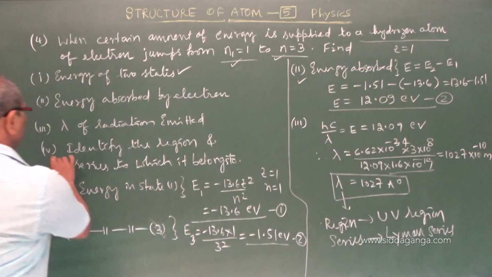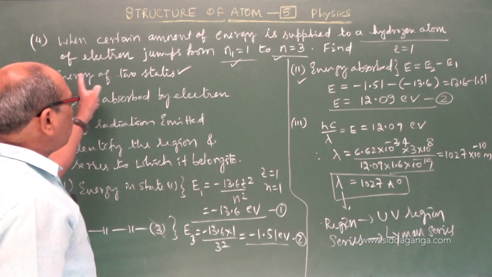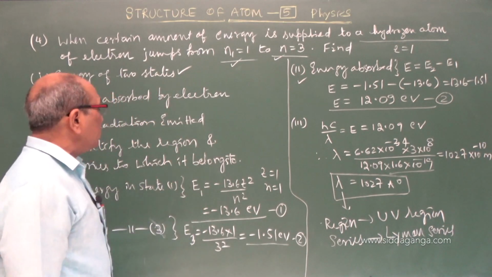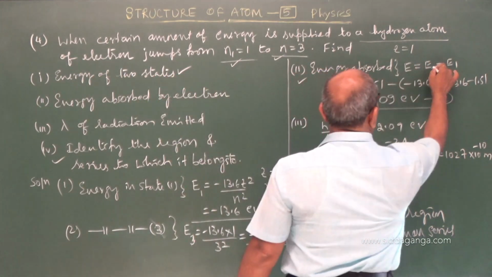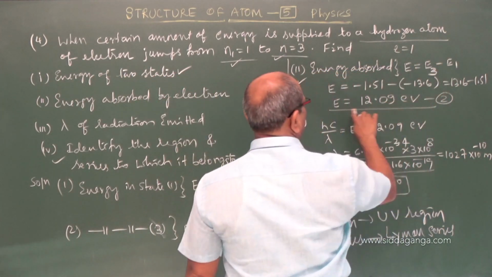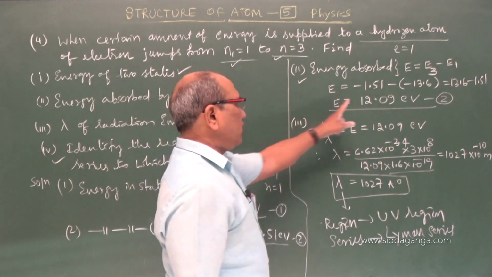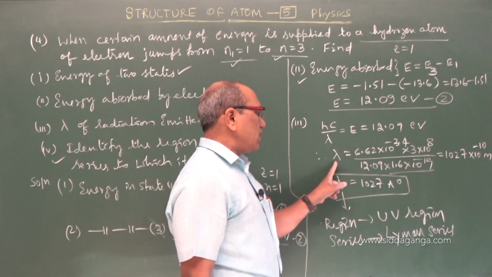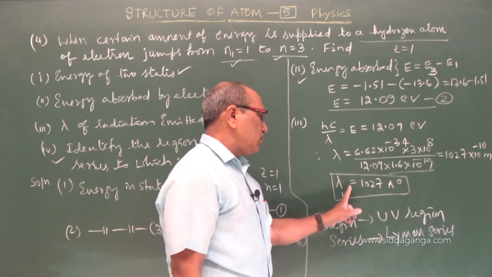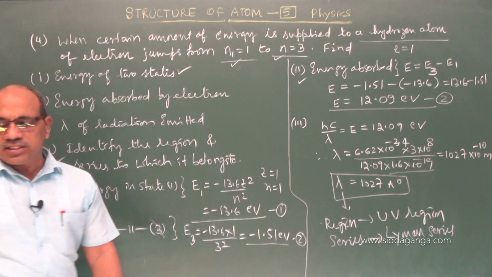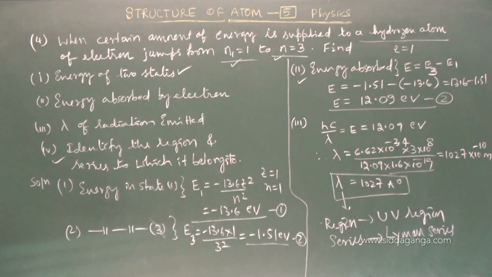The fourth option. So we got the two energies E1 and E3, and also the energy absorbed, E3 minus E1. Whatever energy we got is the radiation emitted, lambda comes as 1027, which is in the UV region, and the series is the Lyman series.